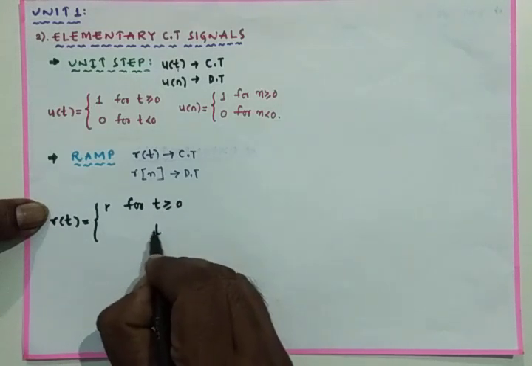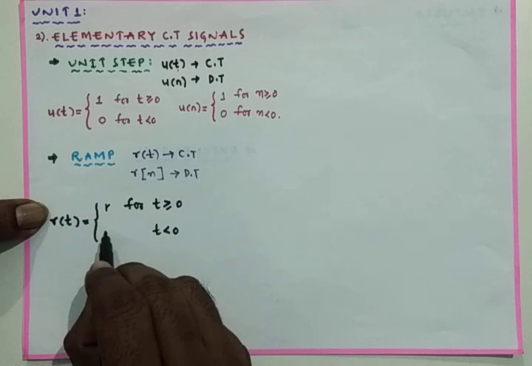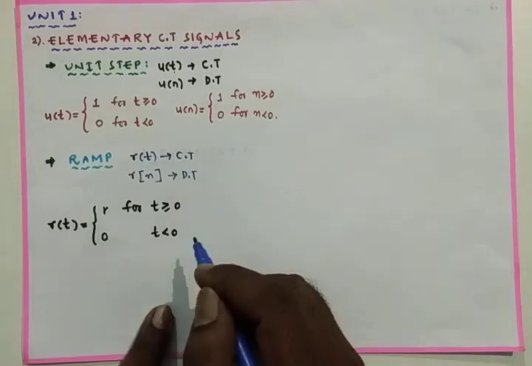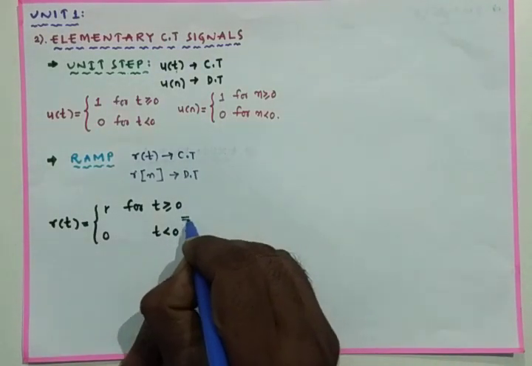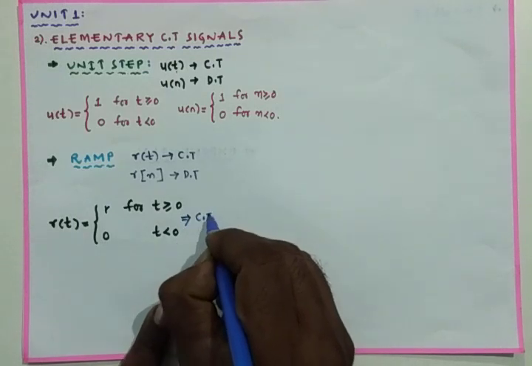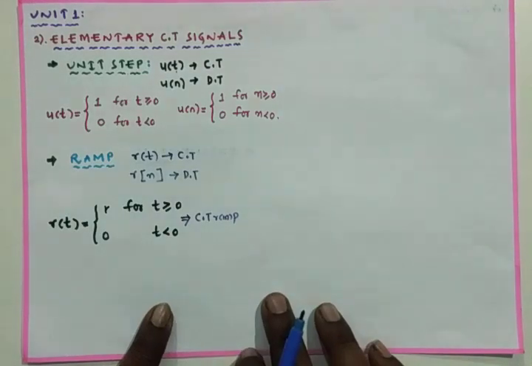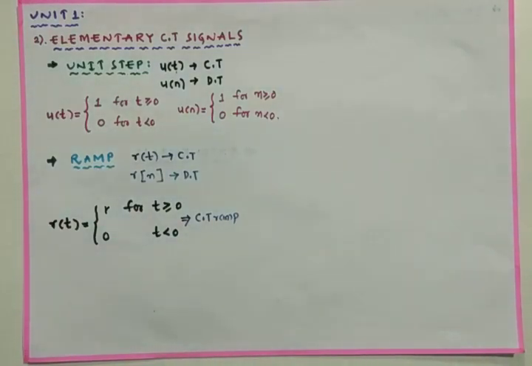For t less than 0, the amplitude is 0. This is the mathematical representation, or simply the definition, of the continuous time ramp signal or the ramp function.